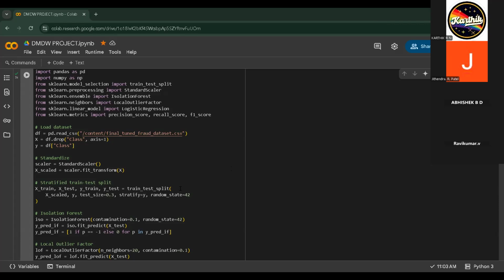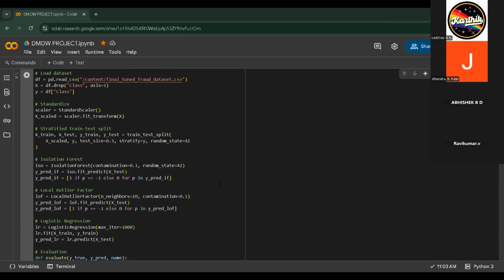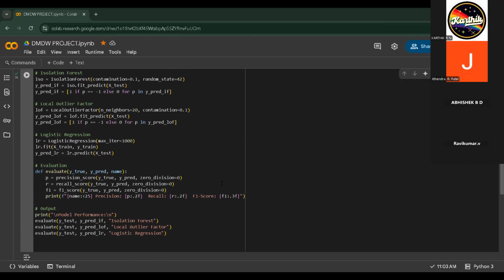Next, LOF is the local outlier factor: LOF = LocalOutlierFactor(n_neighbors=20, contamination=0.1), and y_prediction_LOF = LOF.fit_predict(X_test), and y_prediction_LOF = [1 if p == -1 else 0 for p in y_prediction_LOF]. It identifies anomalies by measuring local density deviation.